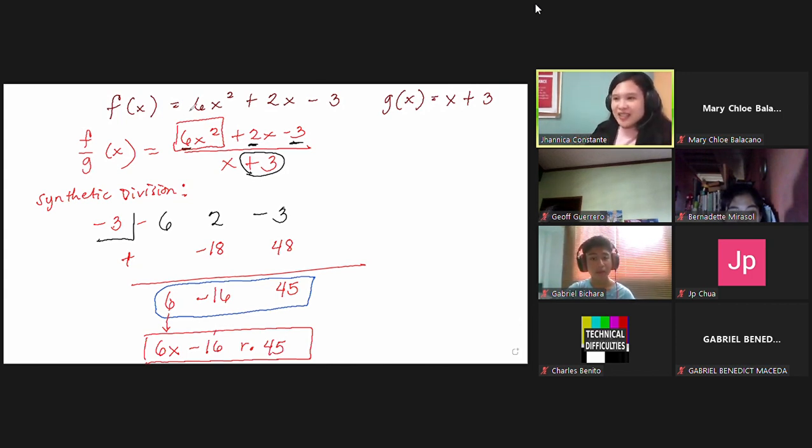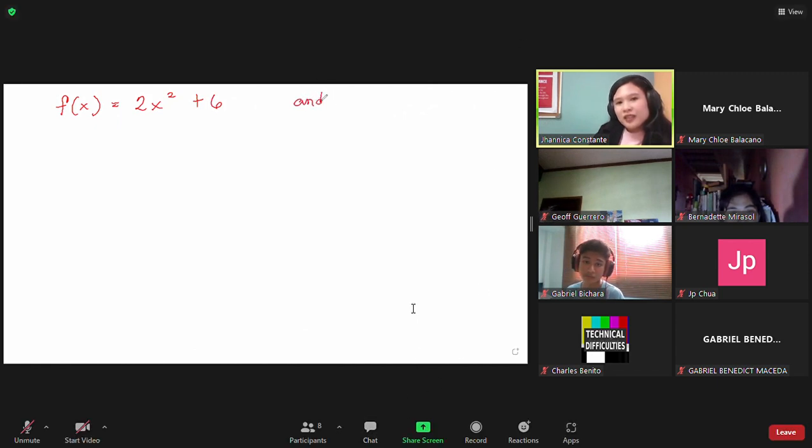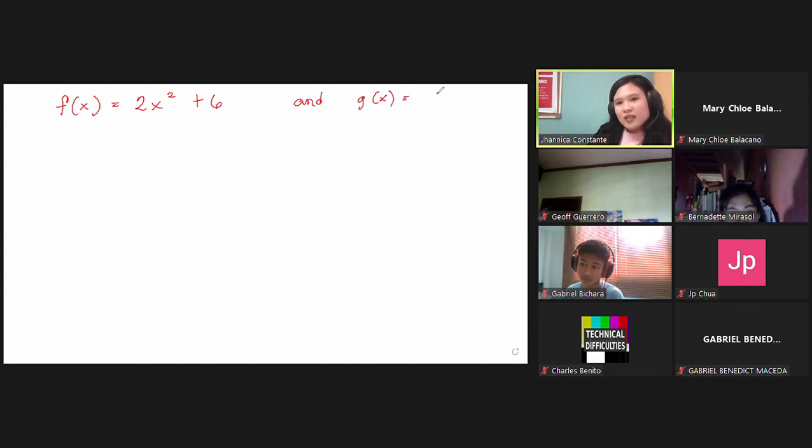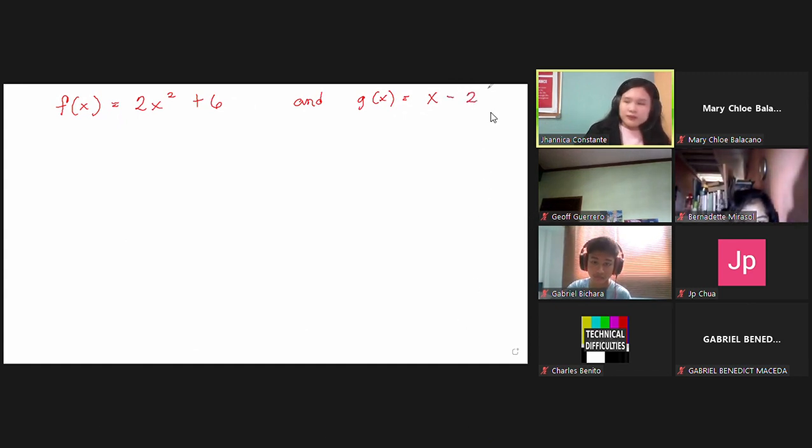For example, we have f of x equal to 2x squared plus 6, and we have g of x, which is x minus 2.